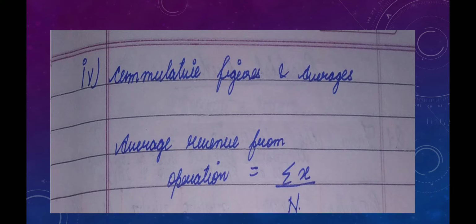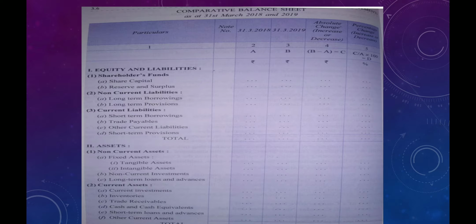First of all, we make the balance sheet, the comparative balance sheet. So this is the format of the comparative balance sheet. All of you know the contents of a balance sheet, what is included in it, the equity and liabilities. The previous year column is first, and after that the current year, then the absolute change, which we can find out by B minus A, that is current year figure minus previous year figure.